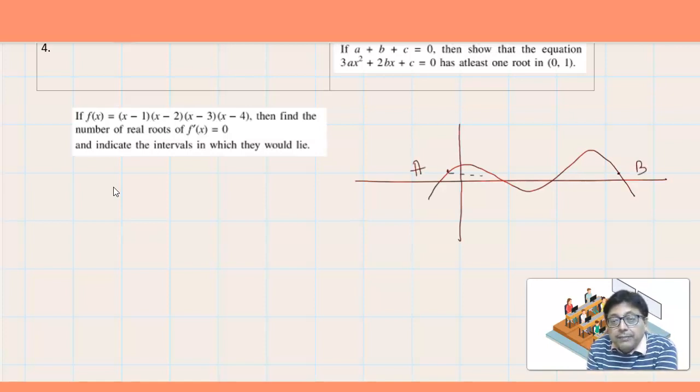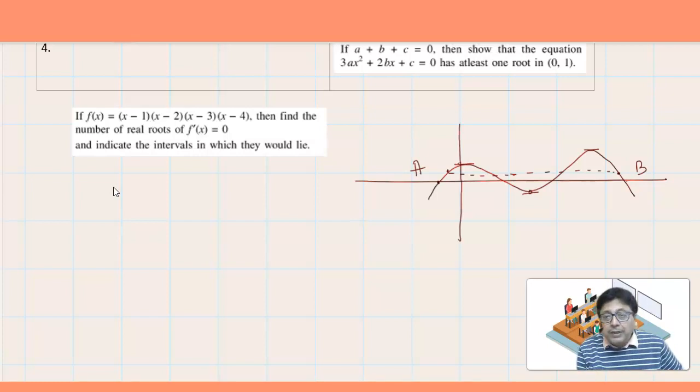According to Rolle's theorem, between these two zeros, you can take a and b here also, there are zeros of f'(x) equal to 0.